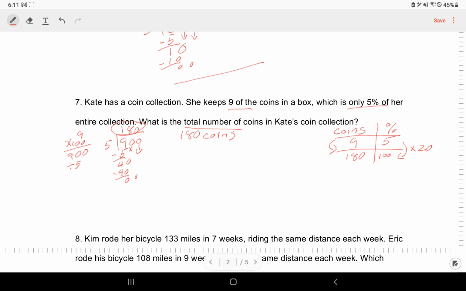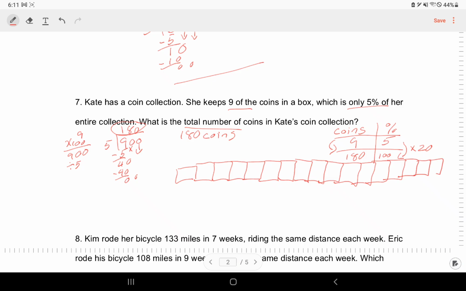I could do, well, 5% is 20. I need 20s to get to 100. So I could do a tape diagram, 2, 3, 4, 5, where each one of these has 9.